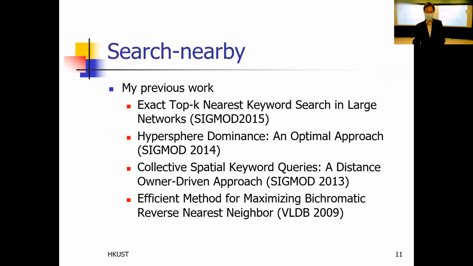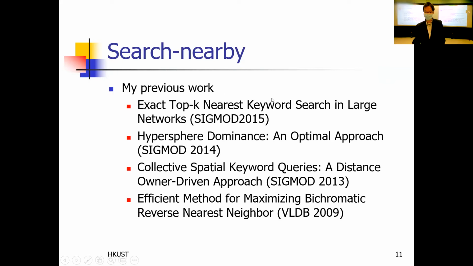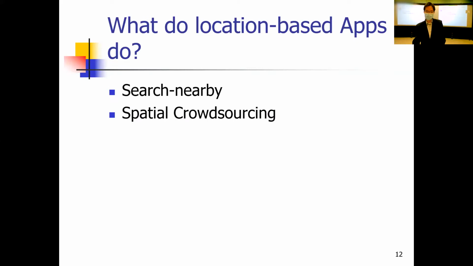These are all my previous work related to search nearby, including top-k nearest keyword search in large networks, hypersphere dominance and optimal approach, collective spatial keyword queries, a distance owner-driven approach, and an efficient method for maximizing bichromatic reverse nearest neighbor. All are published in top-tier conferences in my field. Today we will not talk about this one. We just went through some high-level ones.